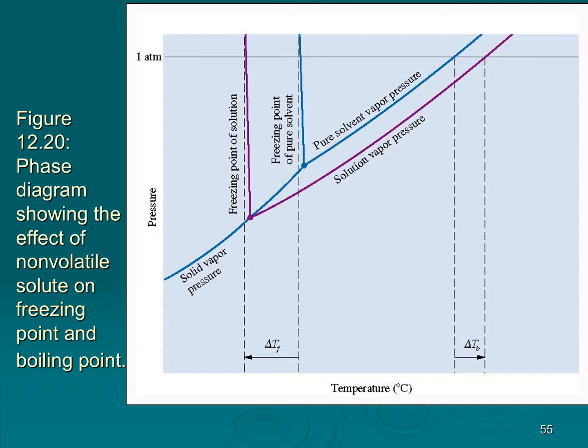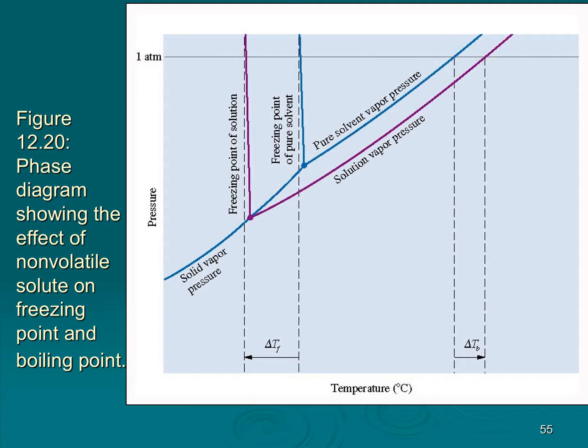Here's the graph again. So we saw from the boiling point that the pure solvent vapor pressure goes down. So that purple line comes down from the original vapor pressure, which lowers the triple point over here to the left. The blue triple point now comes down to the lower purple dot.